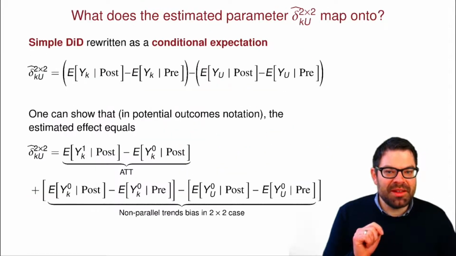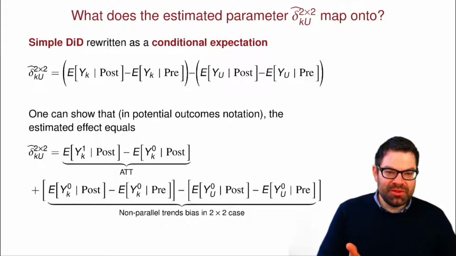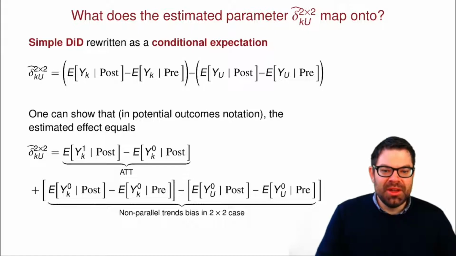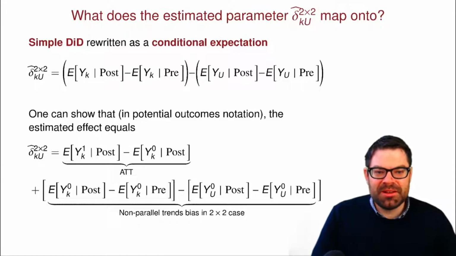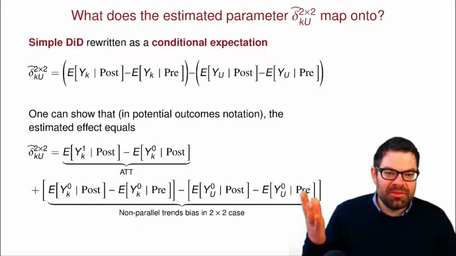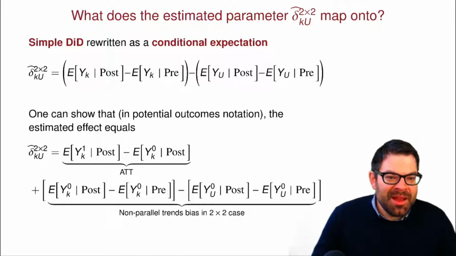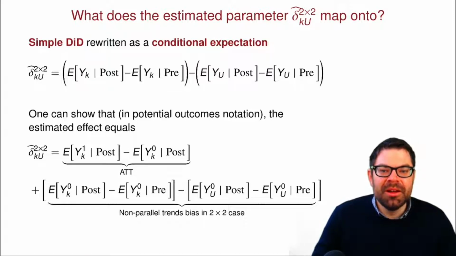And the reason is the so-called parallel trends assumption, the identification assumption that you have to make in order to estimate the average treatment effect on the treated consistently, and to provide an unbiased estimate of that, may not be satisfied. And you can see this here when we look at those conditional expectations.